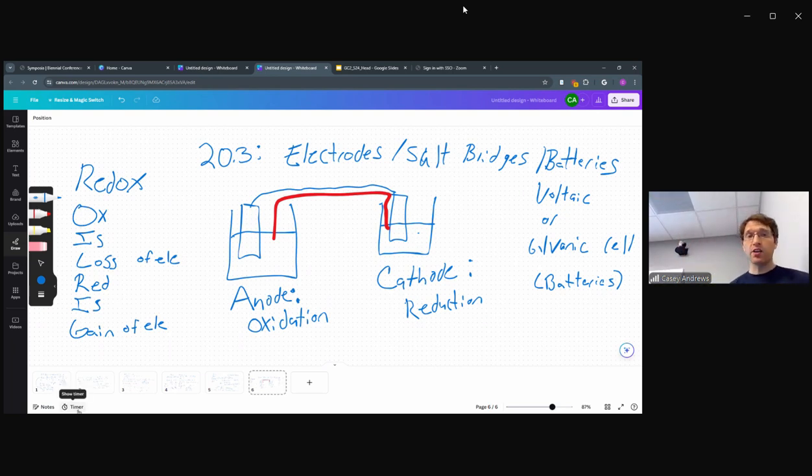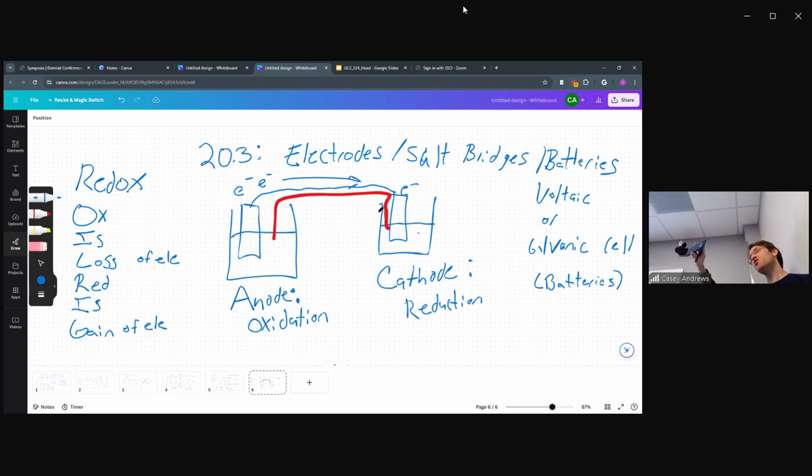So for the anode, that's where oxidation is happening. That's where electrons are leaving, and they flow towards the cathode. That's where electrons are going. Now, if we think about a battery, and in my picture, we have that flow of electrons.